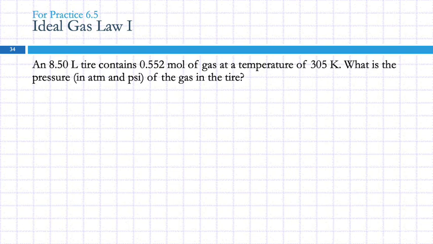So let's do an ideal gas law problem. An 8.50 liter tire contains 0.552 moles of gas at a temperature of 305 Kelvin. What is the pressure in atmospheres and PSI of the gas in the tire? So we've got 8.5 liters, we have 0.552 moles, we have 305 Kelvin, and we want pressure in atmospheres and PSI.